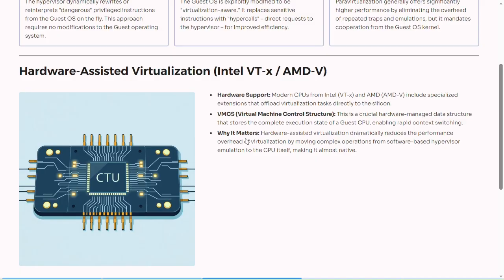It stores the entire state of a guest CPU. When you switch from VM-A to VM-B, the hardware swaps the structures almost instantly. Now, why it matters? It makes virtualization feel almost native.